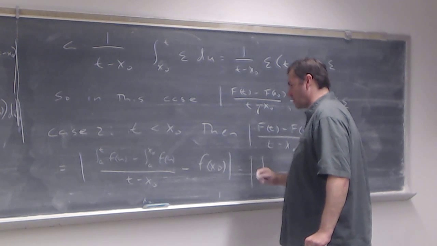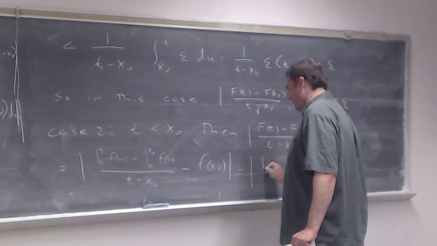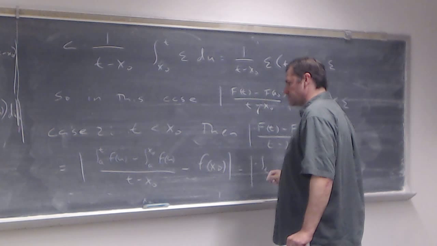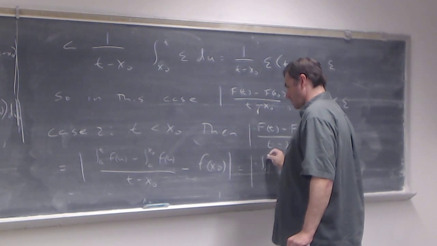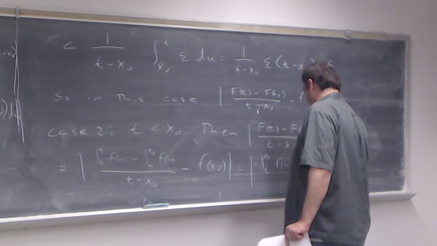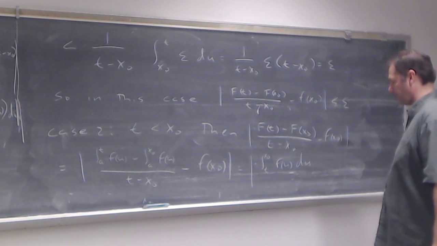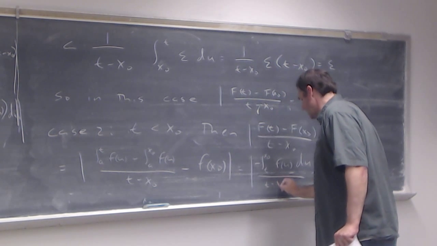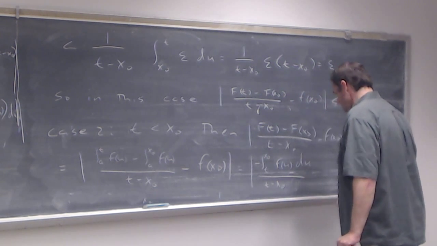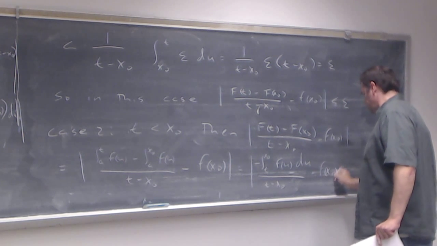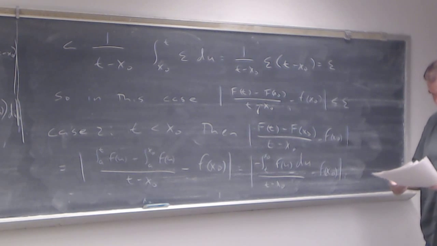Here I'll write this down as one integral, and really it's the integral from t to x₀ of f(u) du. That's minus this. All over t − x₀, minus f(x₀). That's what we have.